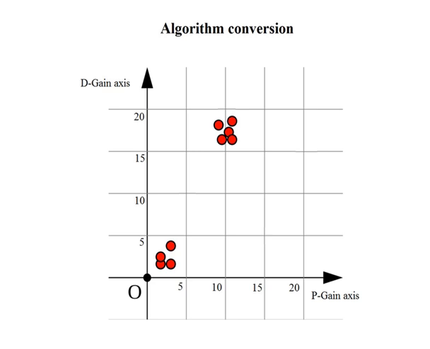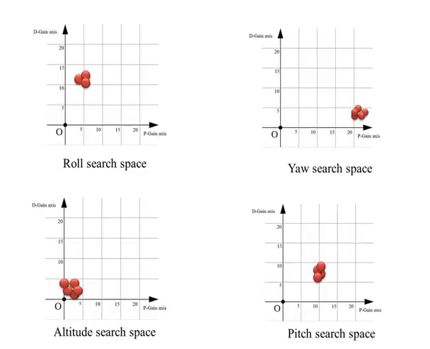Thus, the best values for the gains, the PD controller gains, are found. This search is applied for all the search spaces at the same time. So the optimal gain values of all controllers are found with only one search.